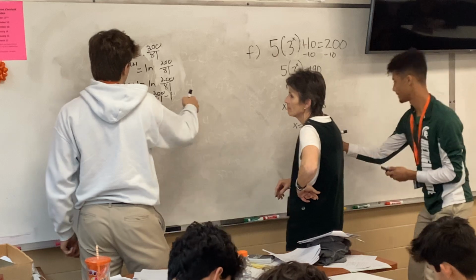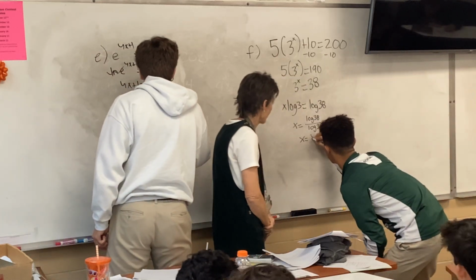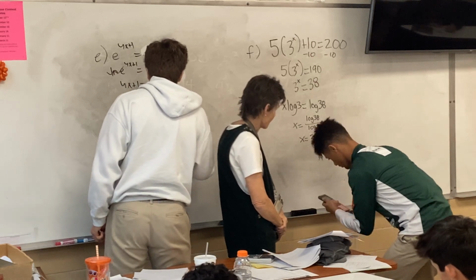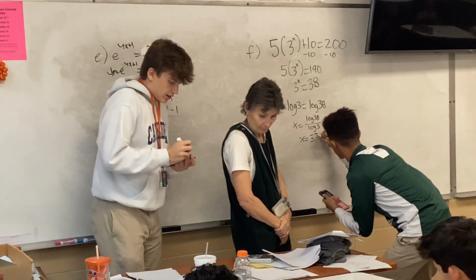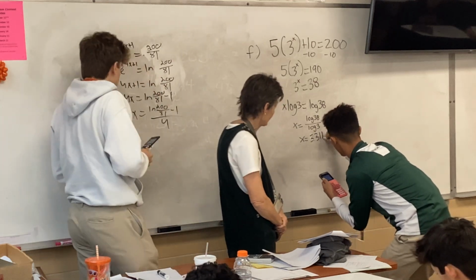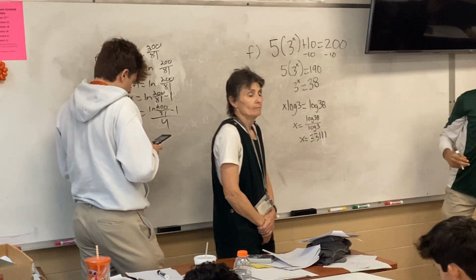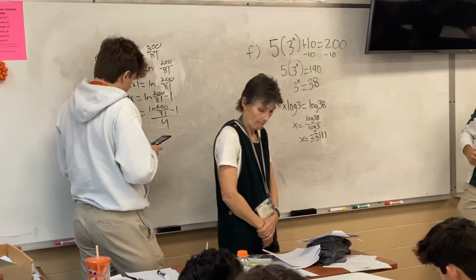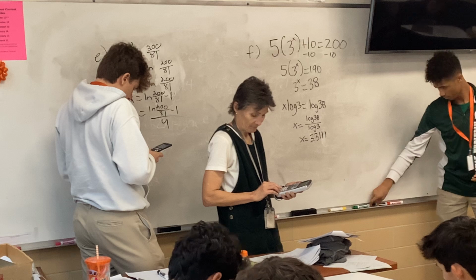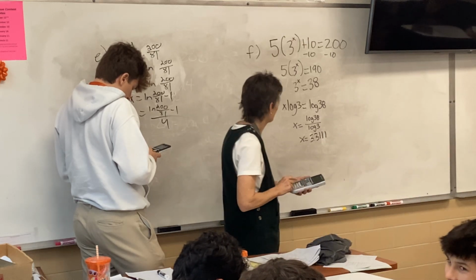Wait, don't divide it. Just keep the ln in front of the 200 over 81, and then put that in. Solve it separately. So subtract 1, get the answer.